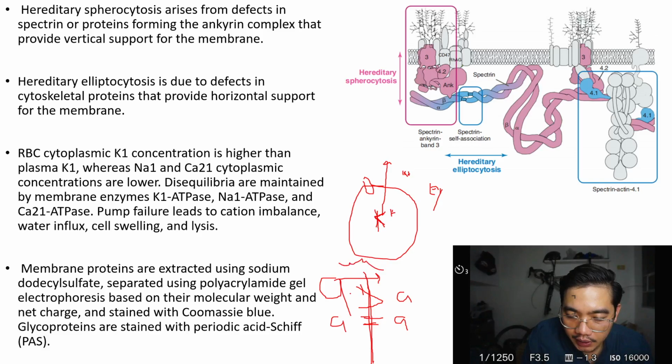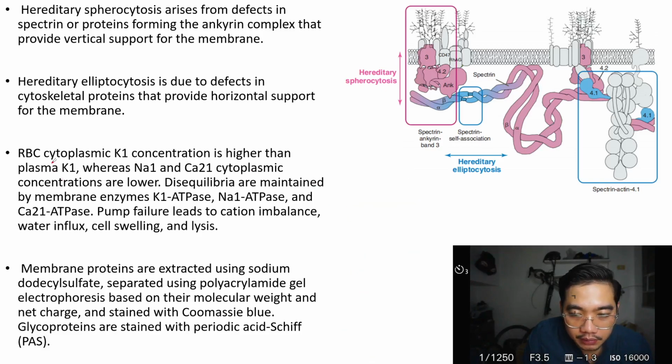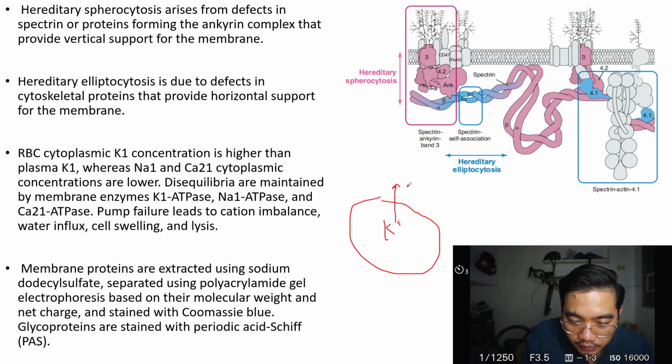So given that context, your potassium would like to go out because there is only a little potassium outside. Your sodium, there's a lot of sodium outside. It wants to go in.